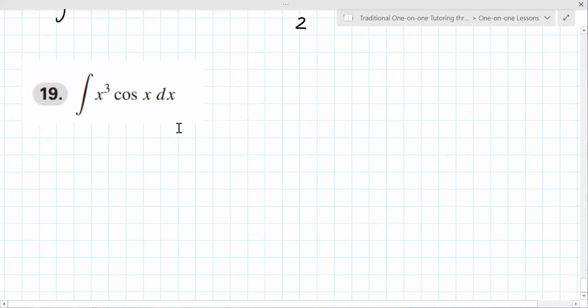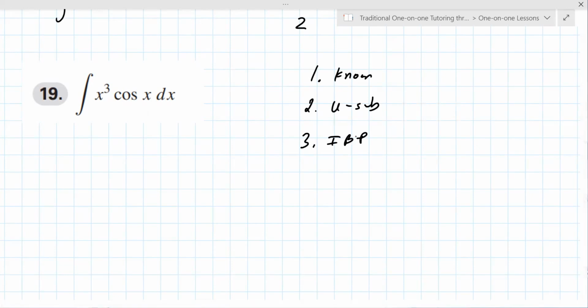Our options are: it's a known rule, another type is a U-substitution, or it's integration by parts. When you look at this one, what do you say here? That's integration by parts. It is.